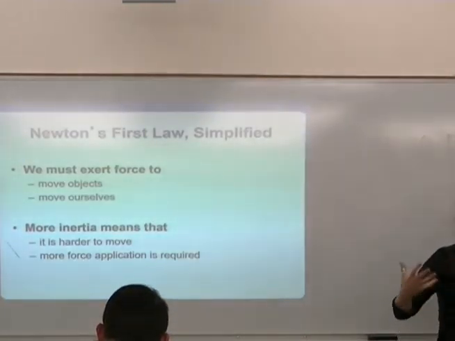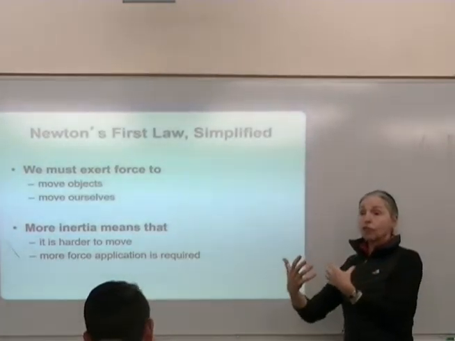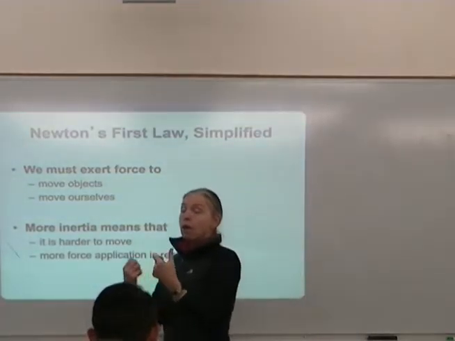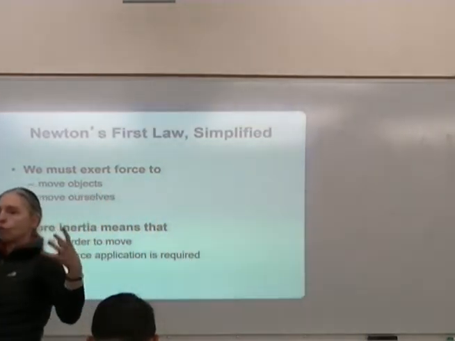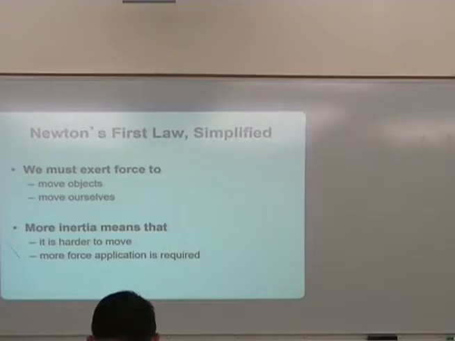All right? Force production in humans involves contracting muscles, and my brain is in charge of contracting muscles. So it's got to work out which muscle and how many muscles and how hard does the contraction have to be to overcome the inertia of this particular object.